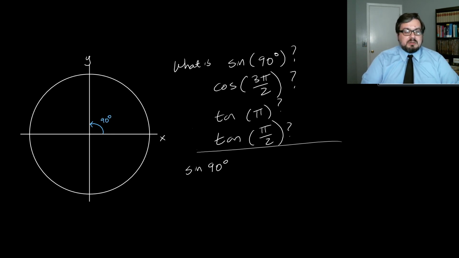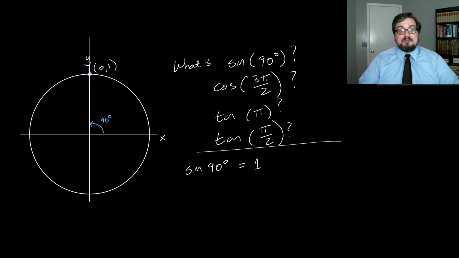So we go to a direction of 90 degrees, we take the terminal side up like this, and we see where that line meets the unit circle. We see that it meets the unit circle at the point (0, 1). Therefore, sine of 90 degrees, which is the y value of the point where the blue line intersects the unit circle, is 1. So sine of 90 degrees is 1.